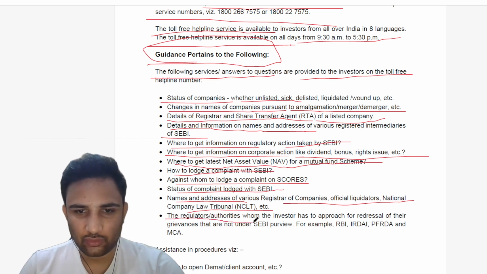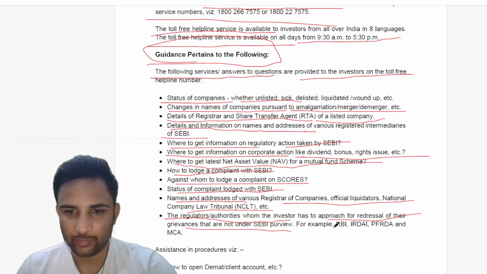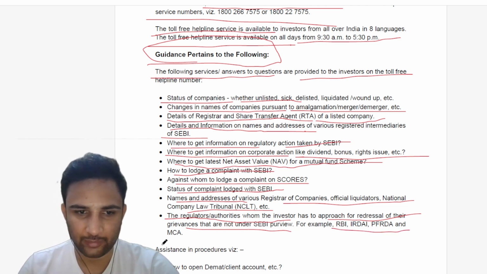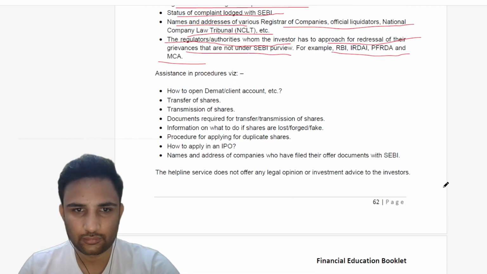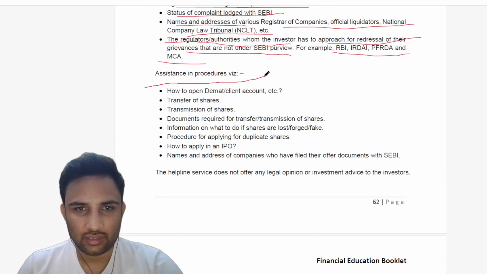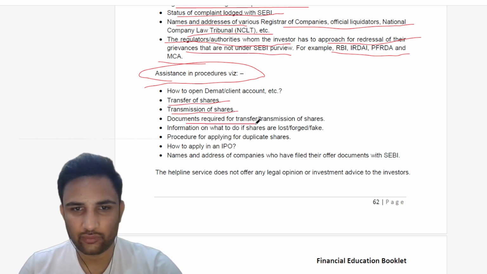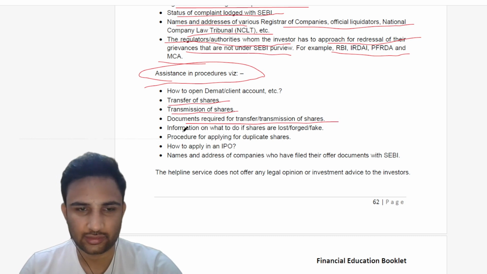The regulators or authorities whom the investor has to approach for redressal of their grievances that are not under SEBI purview, for example RBI, IRDA, PFRDA and MCA. Assistance in procedures, like how to open a demat or client account, etc. Transfer of shares, transmission of shares, documents required for transfer or transmission of shares, and what to do if shares are lost, forged or fake.